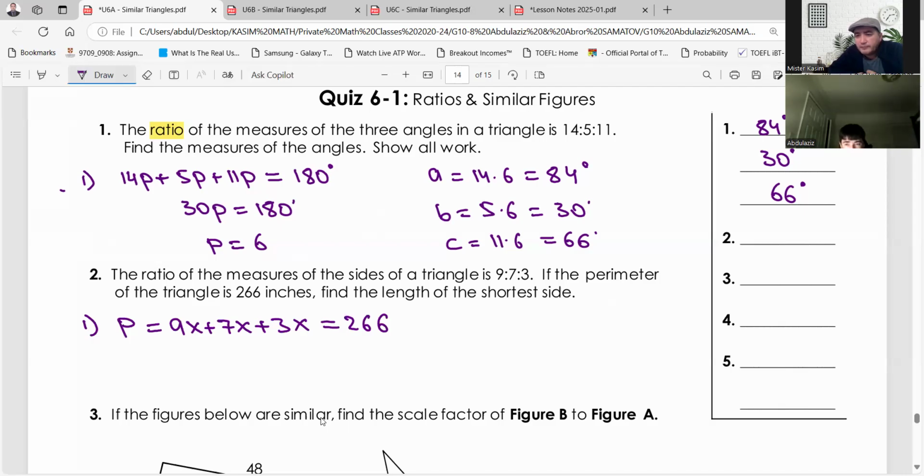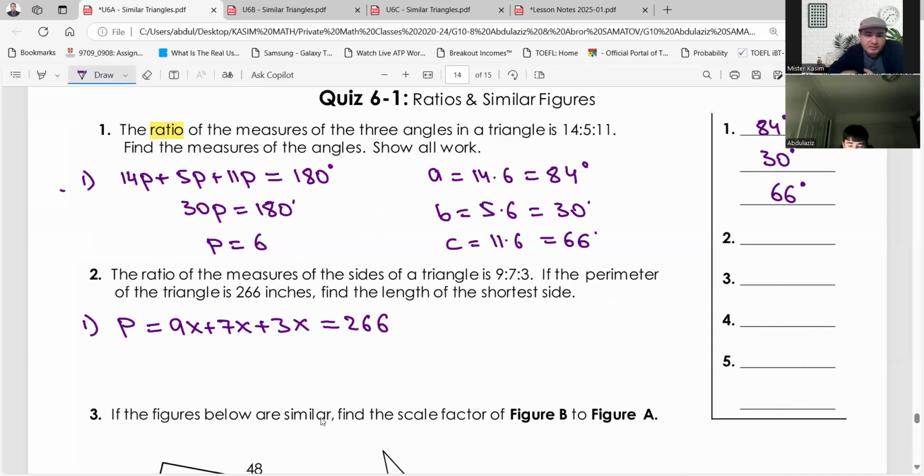Abdullah, do you have a phone? No. Take a picture and send it to me. Let me see. What did you write in the first line? 9x plus 7x plus 3x equals 180.